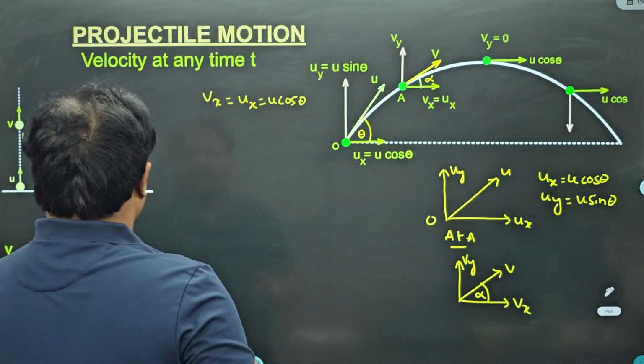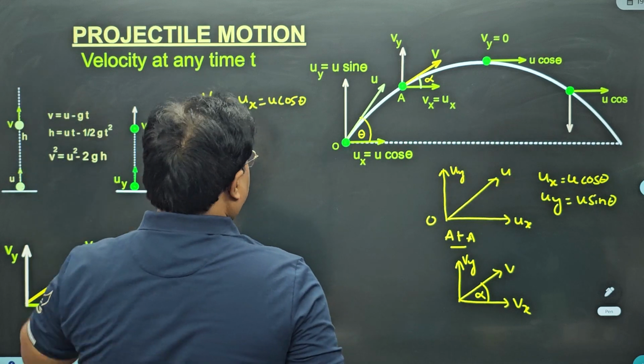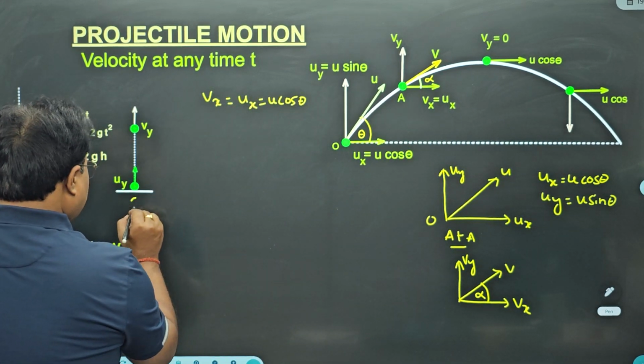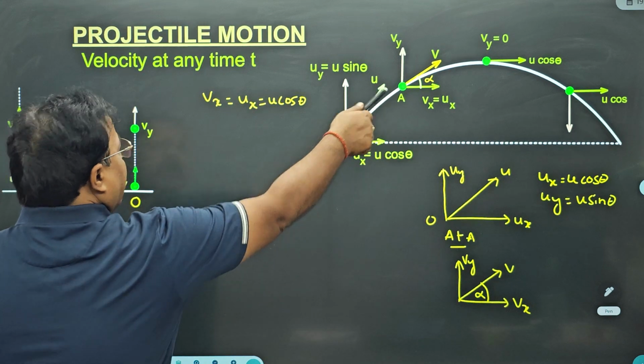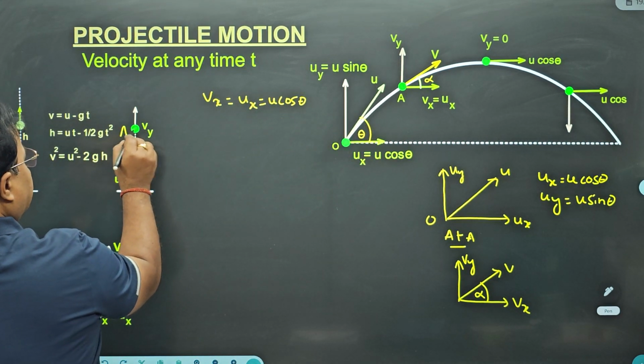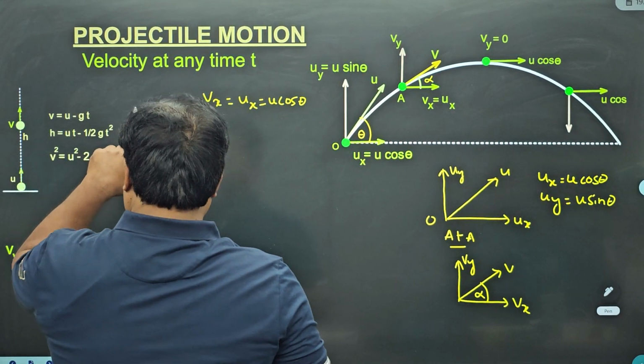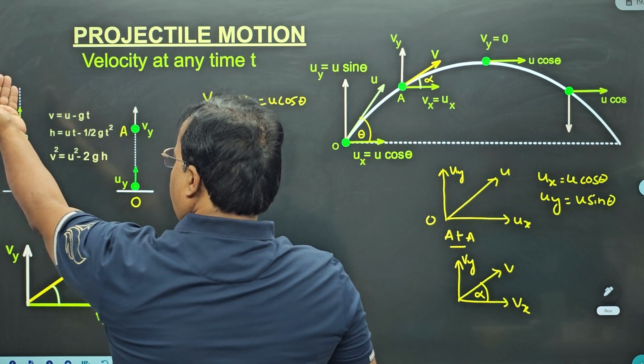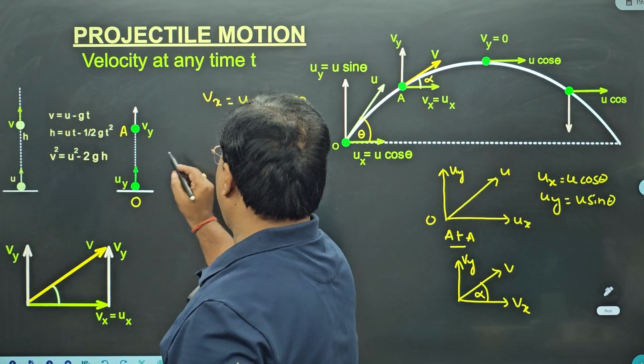Okay, my dear students, as the vertical component of velocity is under gravity, you see here after time t, this is the position at O with its vertical velocity, and at A the vertical velocity is vy. So for this case, we can apply the equation of kinematics for a body projected vertically upward: v is equal to u minus gt.